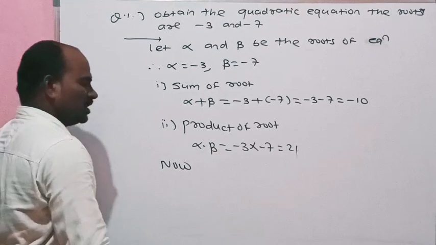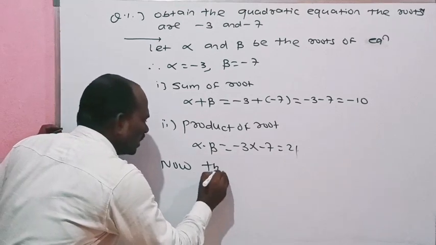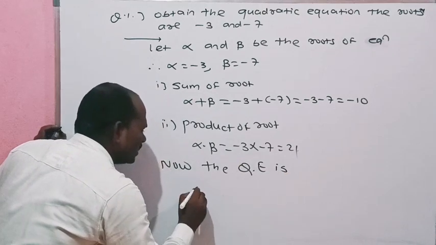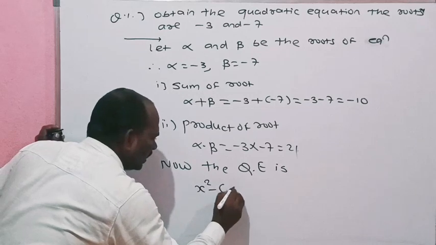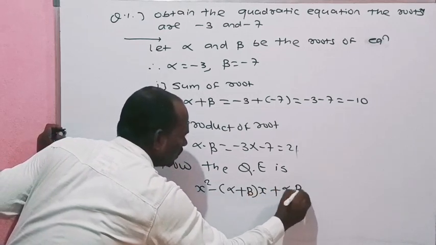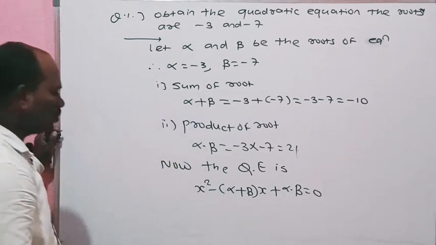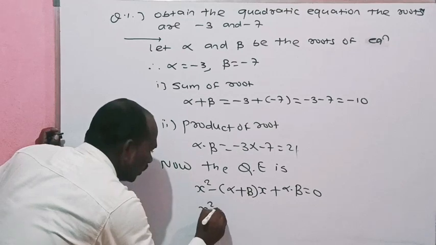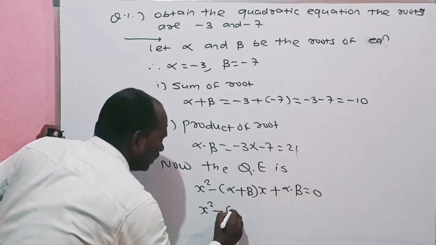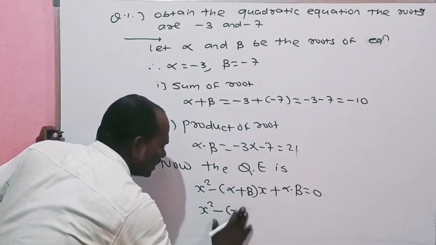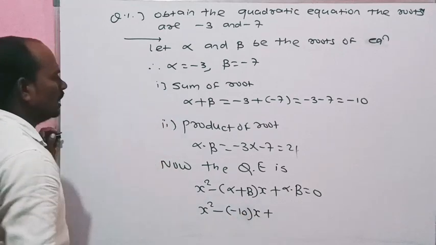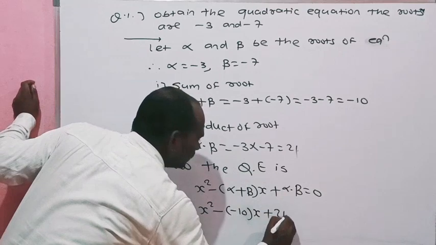Now the quadratic equation is x square minus (alpha plus beta) x plus alpha dot beta equal to 0. Now x square minus (alpha plus beta, which is -10) x plus (alpha dot beta, which is 21) equal to 0.